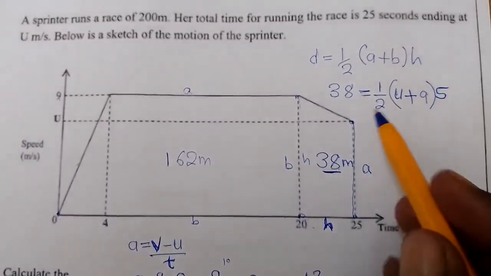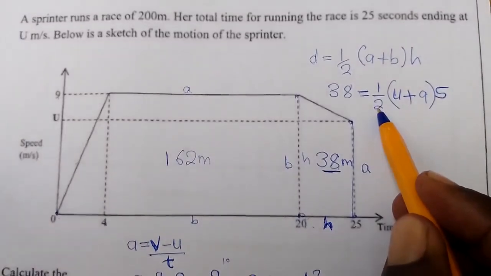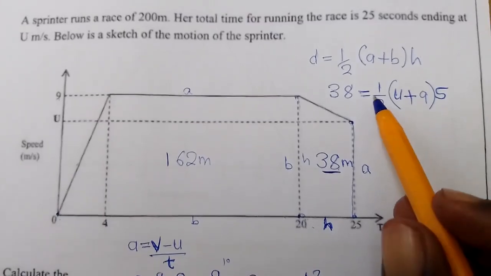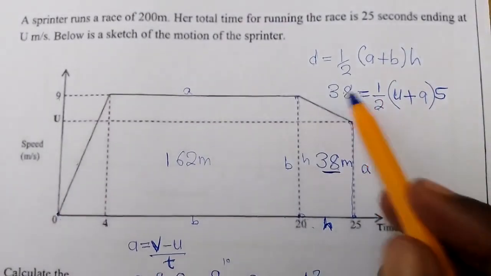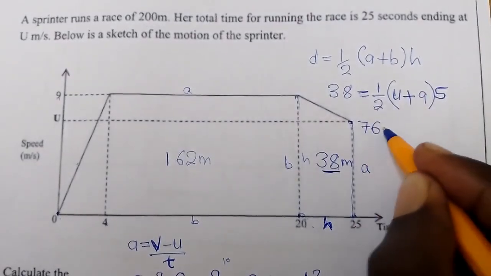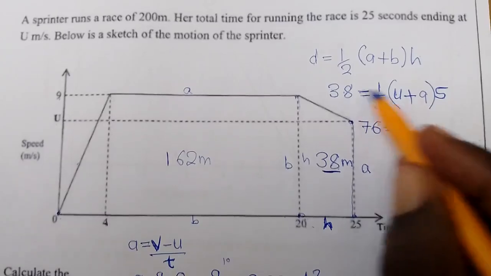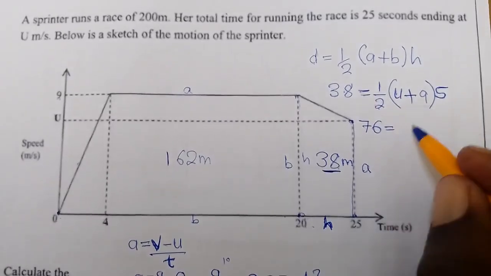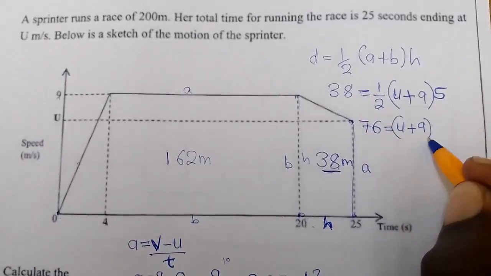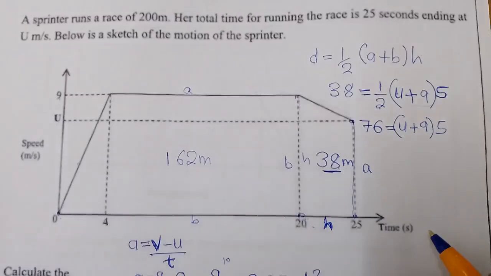So here, this is a fraction. To make things very easy, you just need to multiply this one by this 38. So 2 times 38, you get 76, which is equal to, here, this 2 has gone. We've remained with this bracket, so what we've remained with is (u plus 9), then a 5 outside.